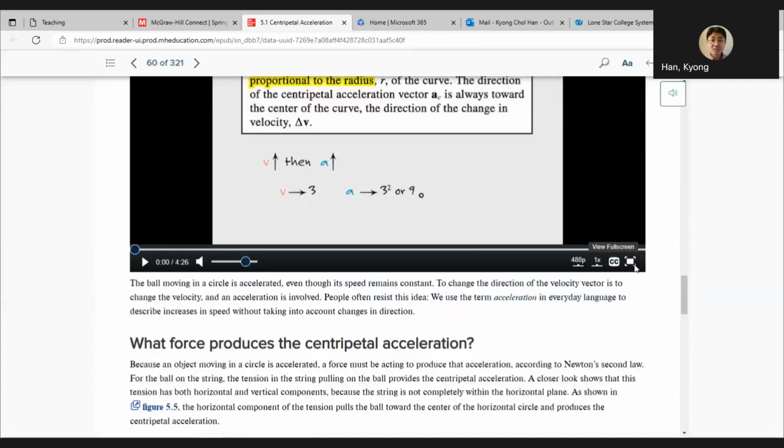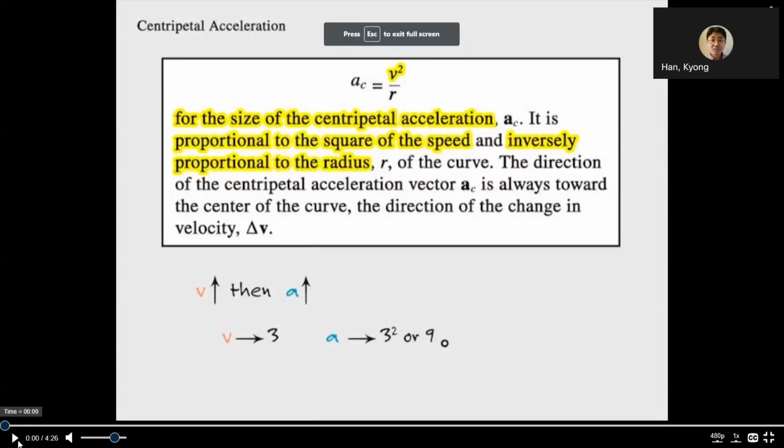Okay, let me show the video. This video may be helpful to understand centripetal force and centripetal acceleration.